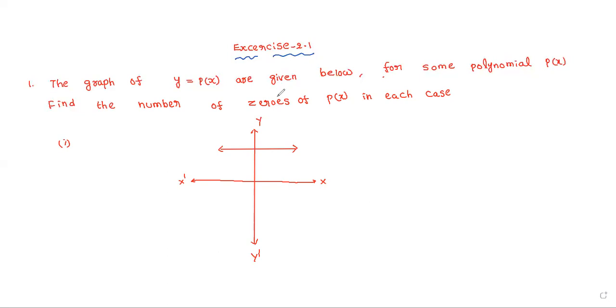Find the number of zeros. So the number of zeros is 0, as the graph does not cut the x-axis at any point. Okay.